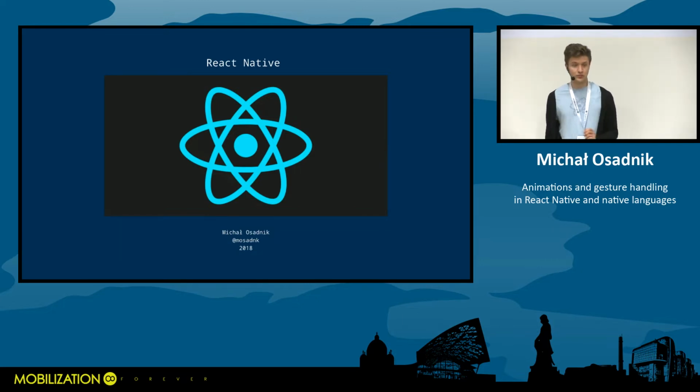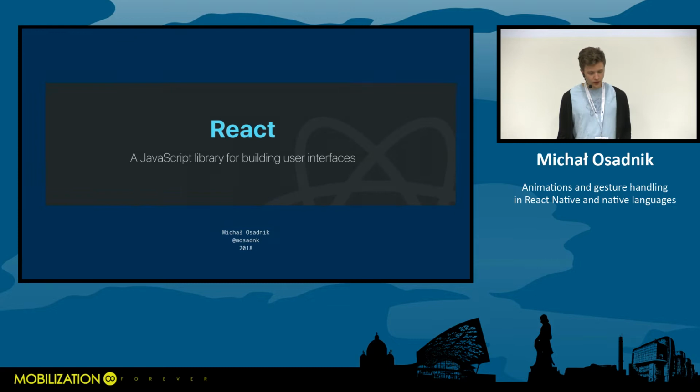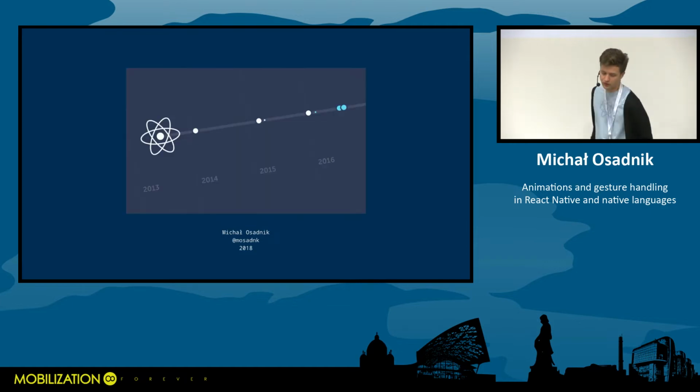But let's start with some background. To understand fully, we need to be aware that there wouldn't be any React Native if there hadn't been React before. React is a fancy Facebook library for building user interfaces. It all started in 2013 when Facebook released the first version of the React library.